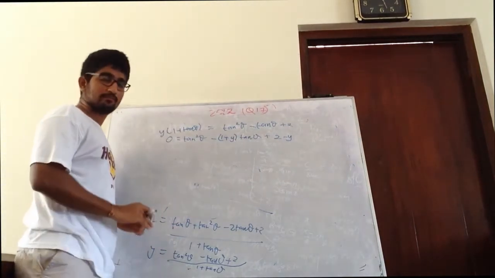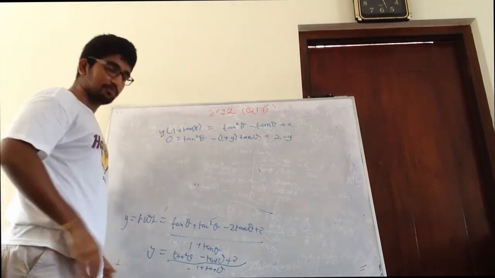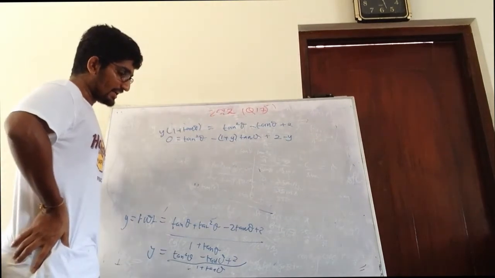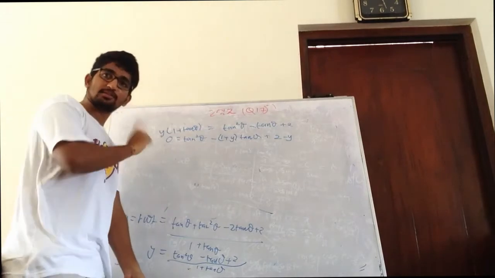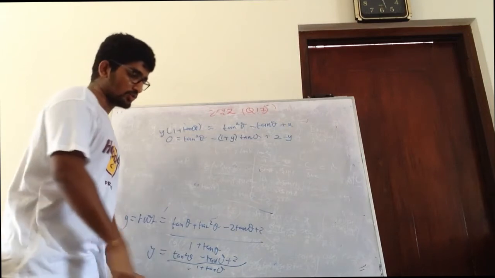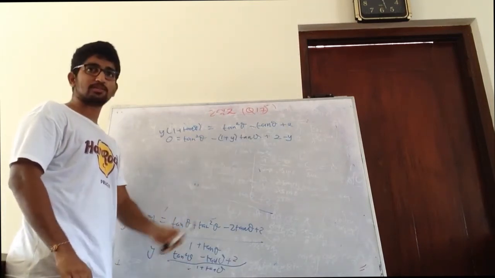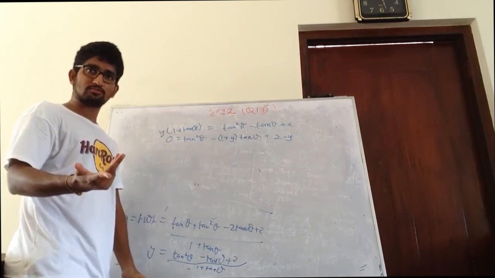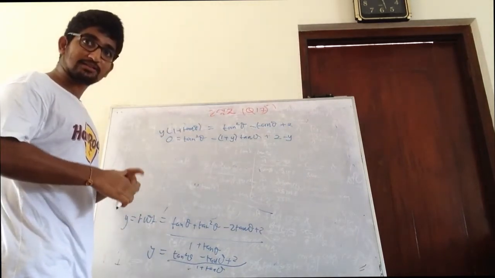Now it says a very important statement: for any real value of theta, the expression is true. It doesn't say for all real tan theta values the expression is true. So there's a difference, but what's the logic here?